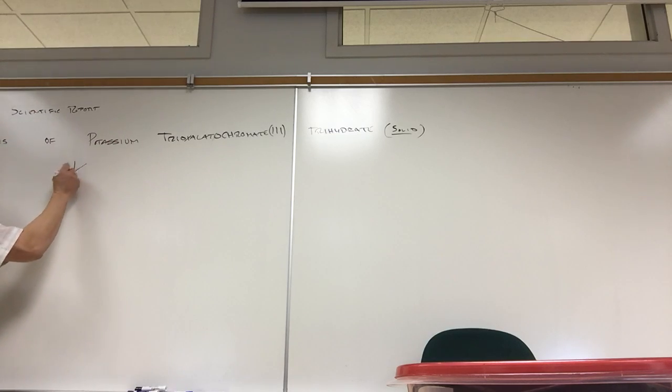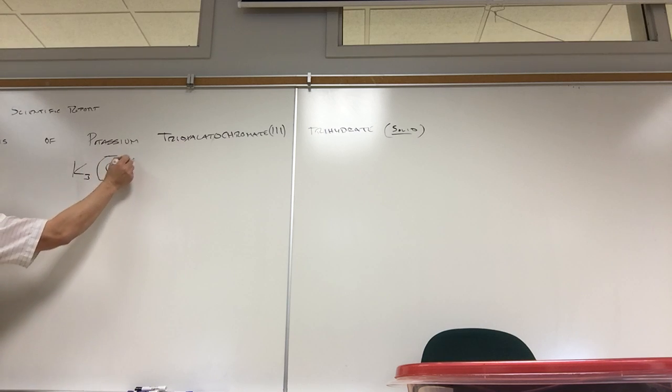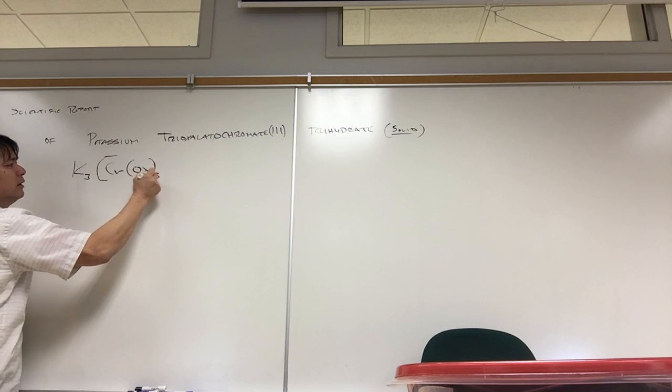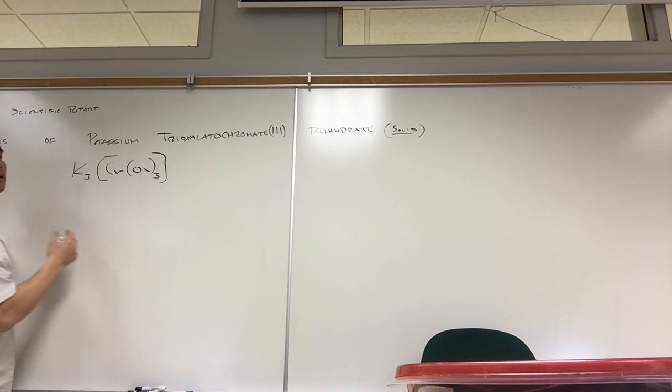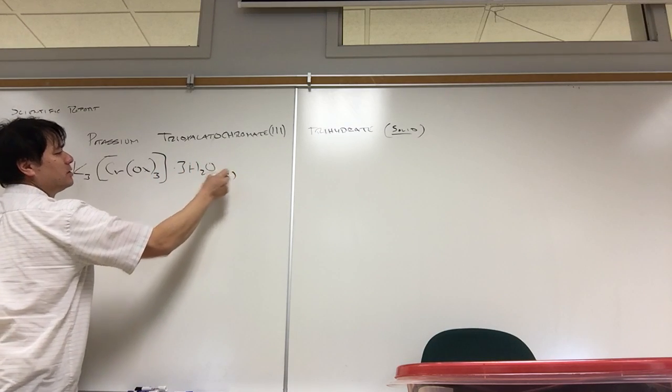The formula for this is K3, square bracket, then we do the central metal first, chromium, and then the oxalate, abbreviated OX. We got 3 of these, and then we have the dot 3 H2O, and the state of this is solid.